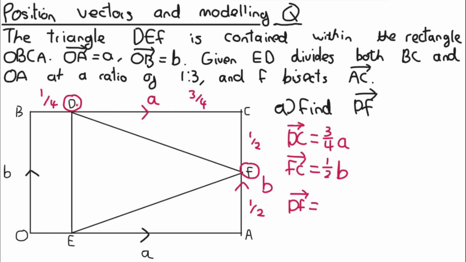DF is going to be equal to, if we go along here, DC, and I'll add the arrow here for where we're going across, plus CF.